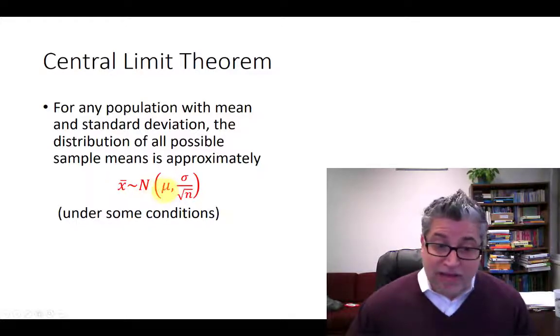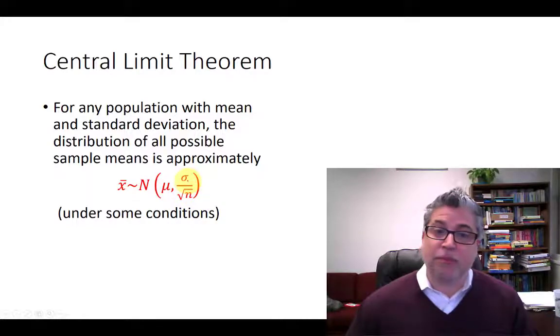It'll have a mean that's equal to the mean of the parent population, so it's unbiased, and it's going to be precise. It's going to be smaller by a factor of 1 over the square root of n. It's going to be more precise than the parent population.